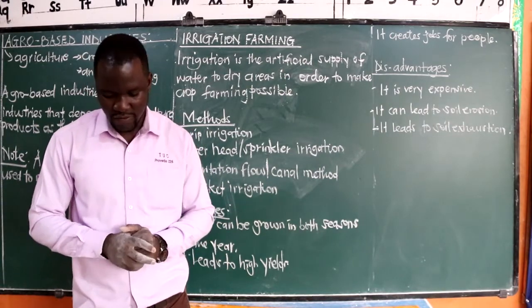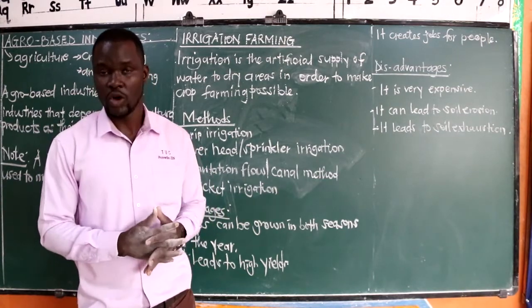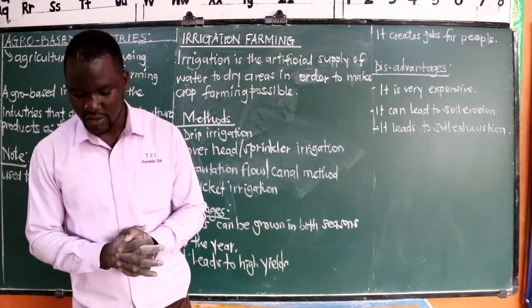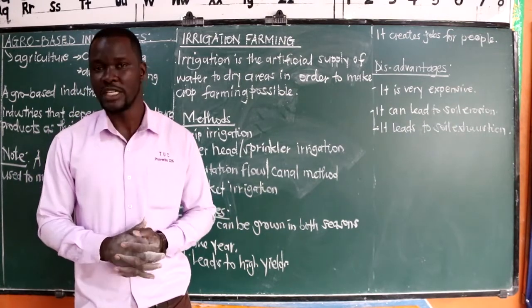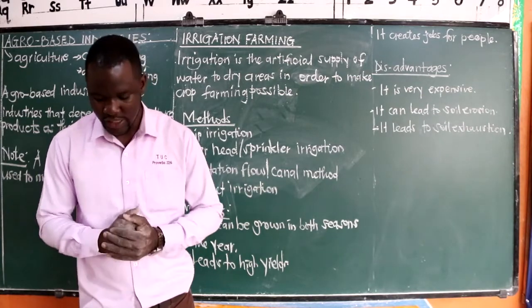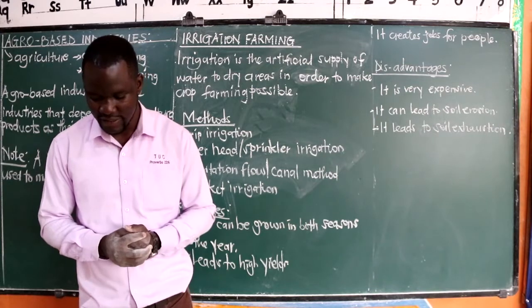Next we have Mwea irrigation, which also has mainly rice, on River Iba in Kenya. And we have Doho irrigation scheme, still rice and still the same River Manafa.